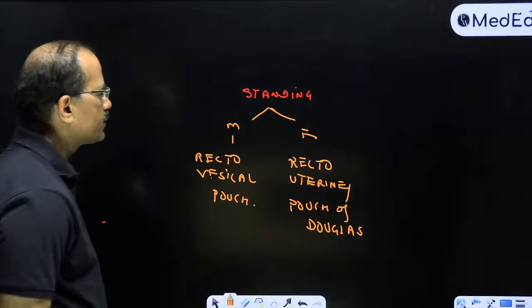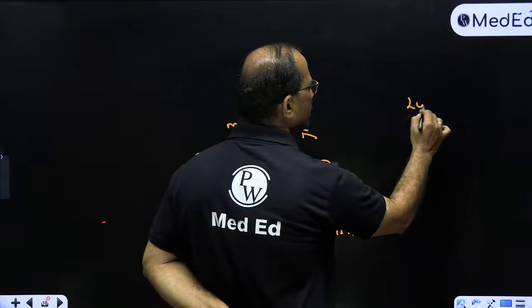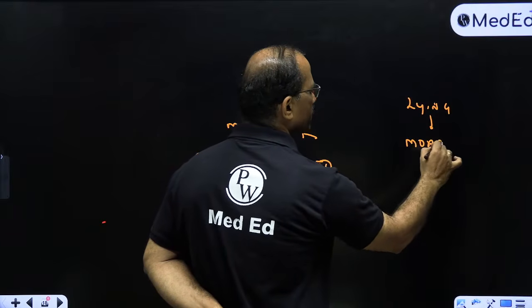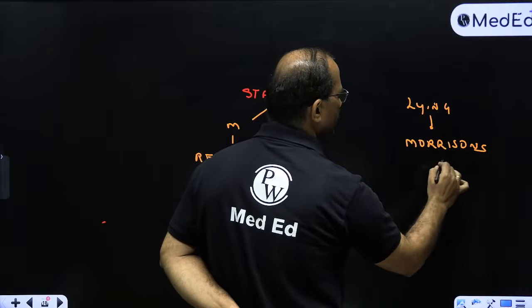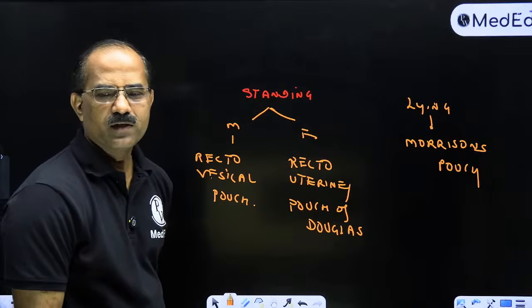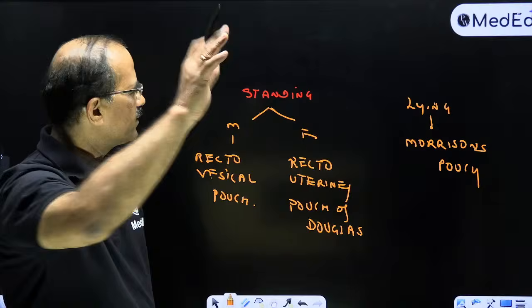In standing position. In lying position, that's a Morrison's pouch. That's a hepatorenal pouch of Morrison. Rectovesical है बच्चे, rectovesical. ठीक है, fine.